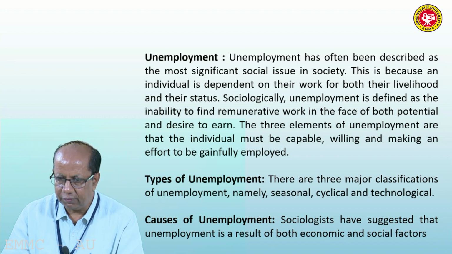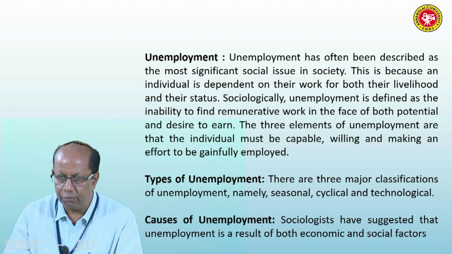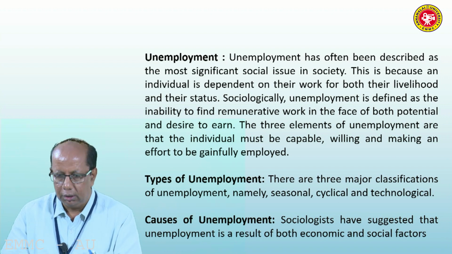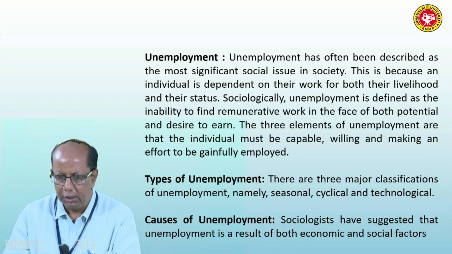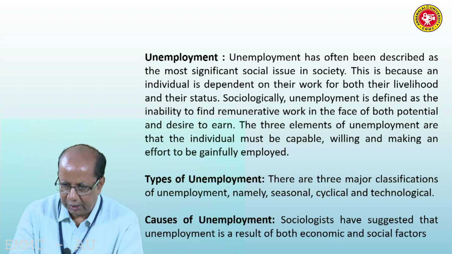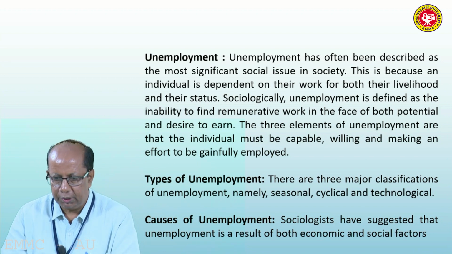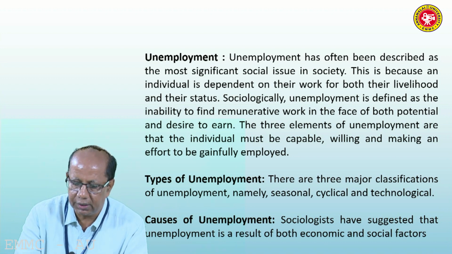The three elements of unemployment are that the individual must be capable, and willing to make an effort to be gainfully employed. Types of unemployment. There are three major classifications of unemployment, namely seasonal, cyclical and technological. Causes of unemployment. Sociologists have suggested that unemployment is a result of both economic and social factors.